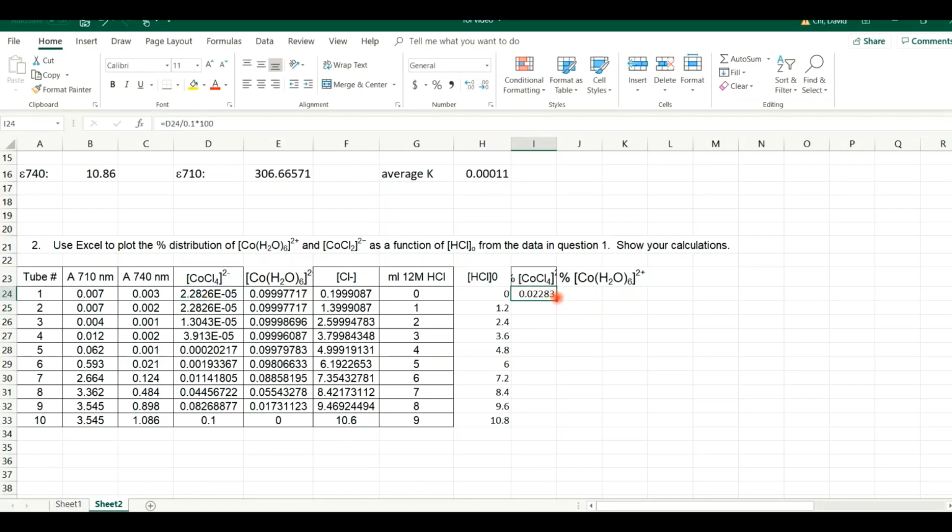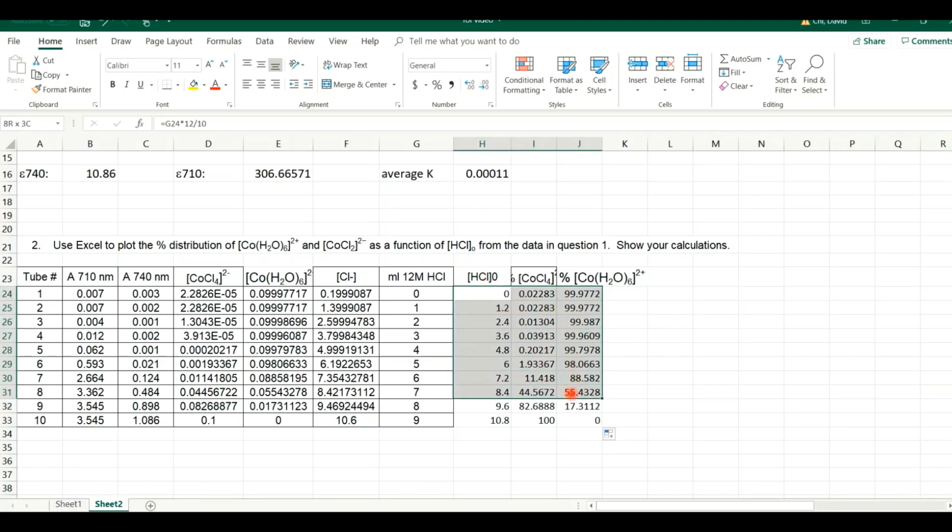Copy paste. The percent of cobalt hexahydrate is equal to the concentration of cobalt hexahydrate divided by 0.1 times 100, and copy paste. Now let's select this data. This column will be the x-axis and these two are the y-axis. This will be series 1, cobalt tetrachloride, and this one, cobalt hexahydrate, will be series 2.